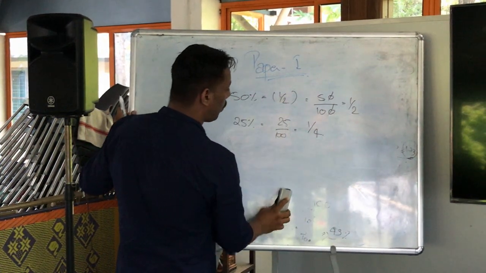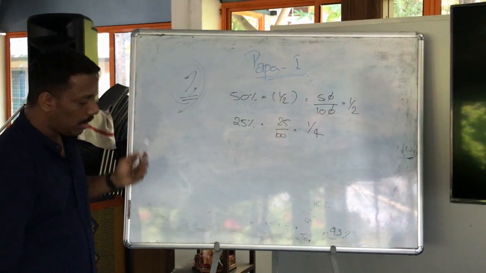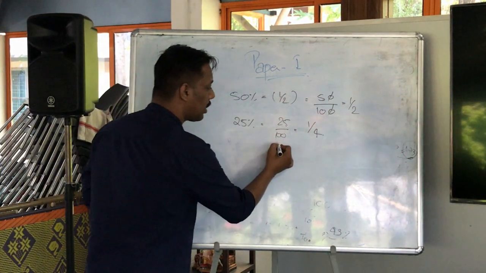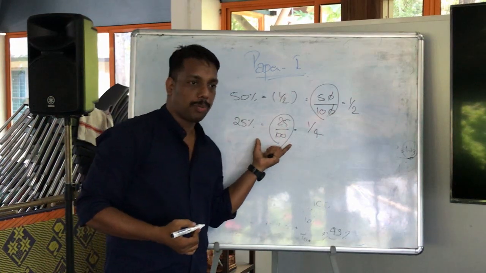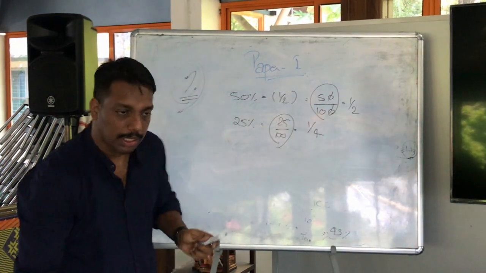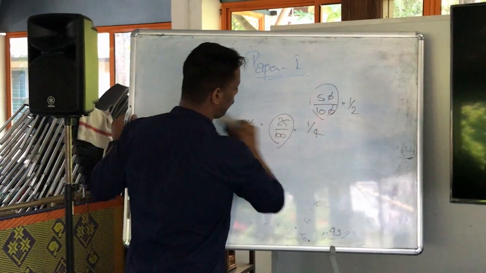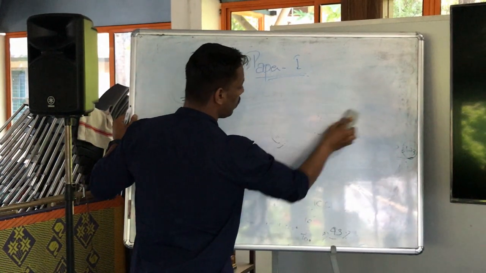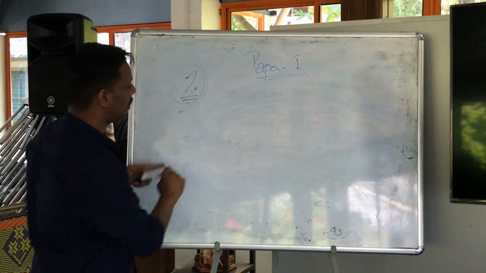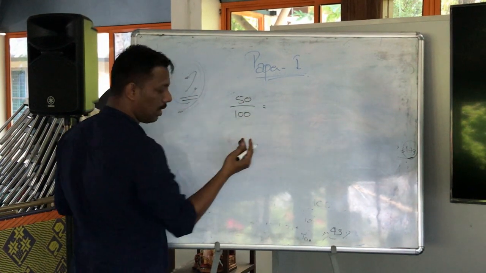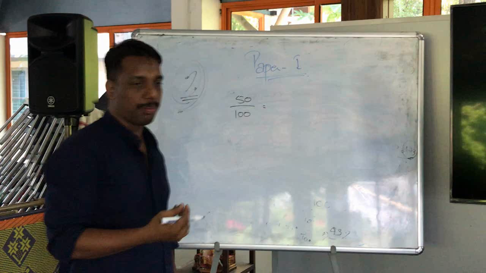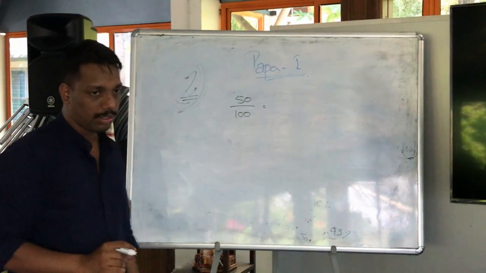Then one more question. How can you change 25 divided by 100 or 50 by 100 into decimal form? 50 out of 100 is nothing but 1 by 2, it is half.